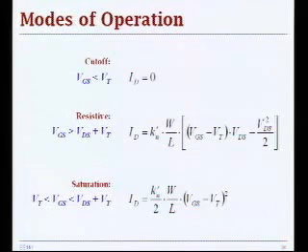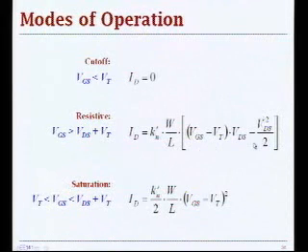We started with no bias, where we had no current as well. So that was the transistor in cutoff, when VGS is less than the threshold, and then ID is equal to 0. Then we have the resistive or linear mode of operation, where VGS is greater than VDS plus VT. And then we have this linear dependence IV characteristic, where your transistor can be modeled as a simple linear resistor.